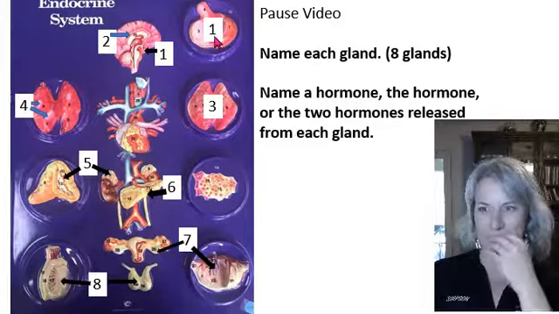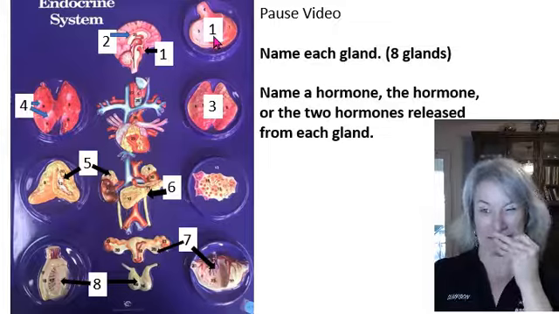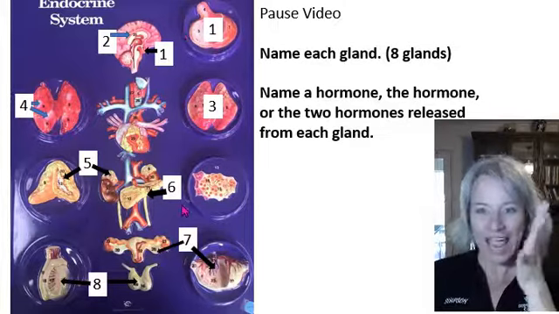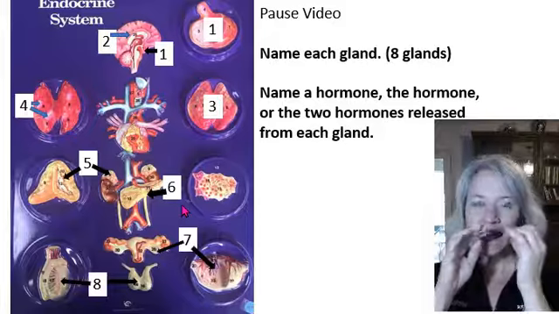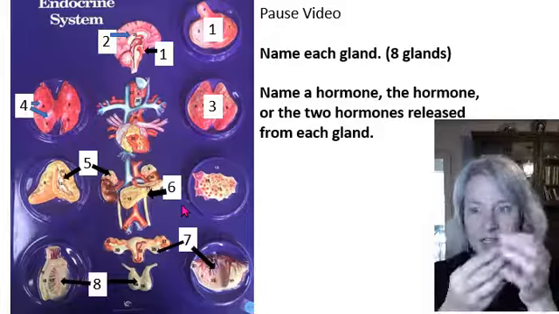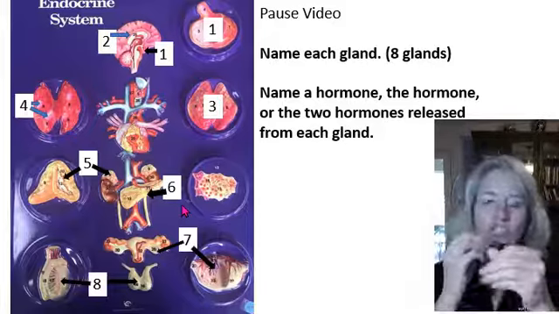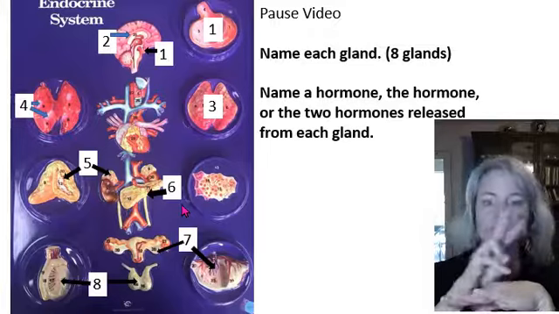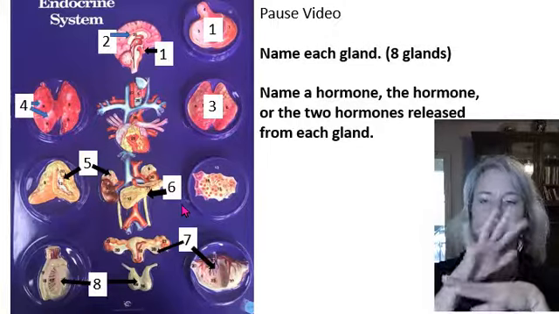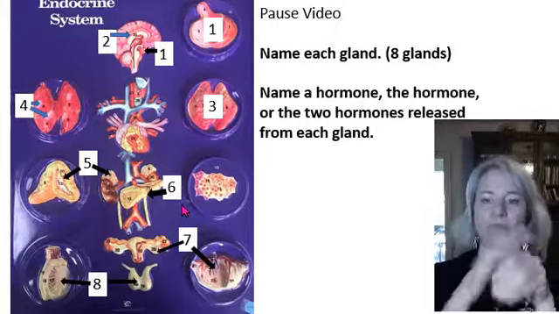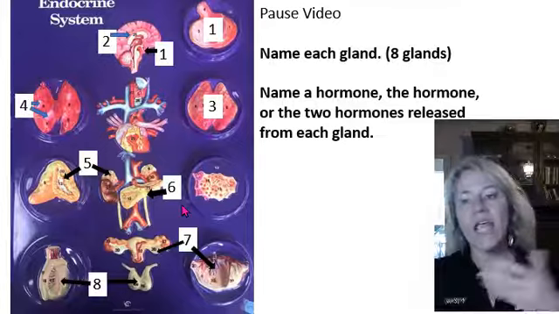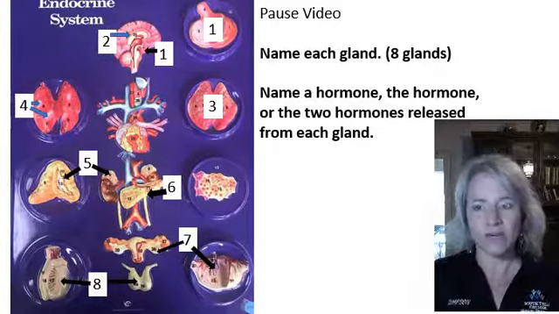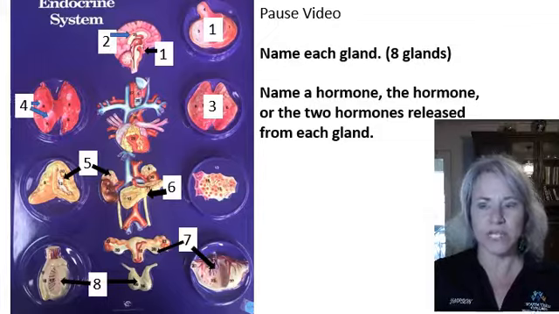Each gland has an example of a hormone that comes from it, or just one hormone, or the two hormones that come from it. So I want you to tell me what are the hormones that come from those glands, and what is the action of the hormone. That is going to be on the test, on this first test.